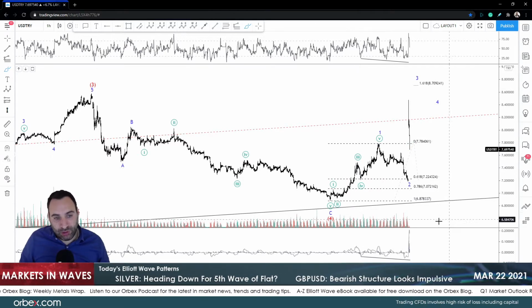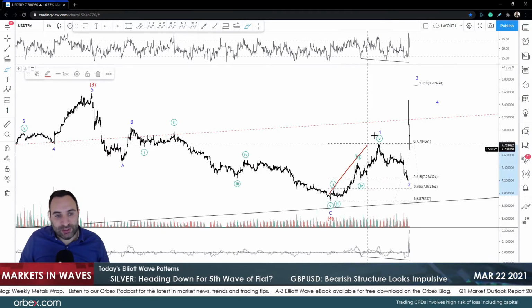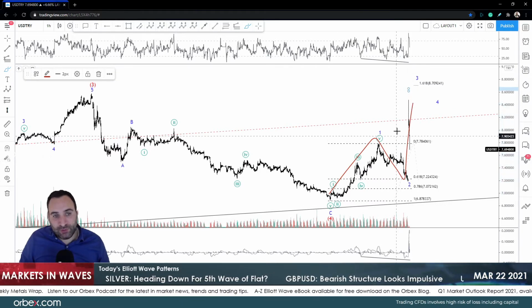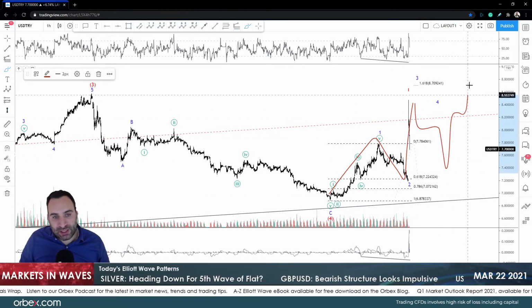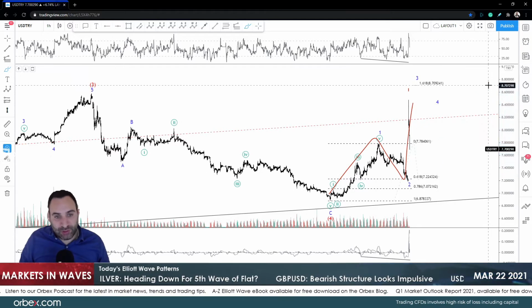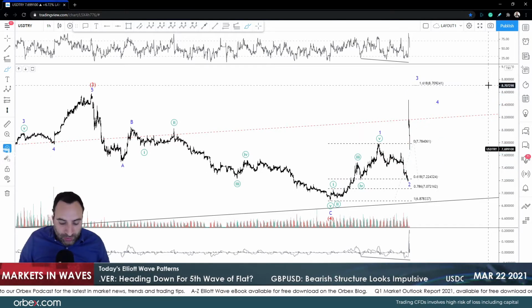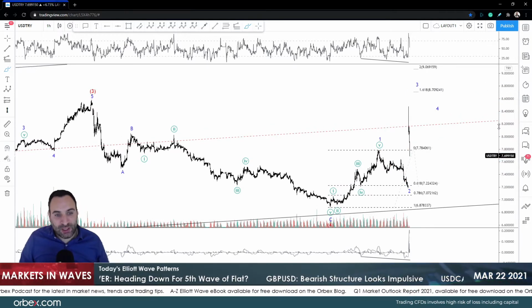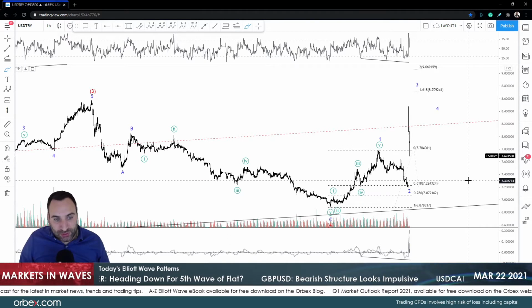Either that or we are resting lower. So it could be a case where this is an ABC for wave 1. You're going to get an ABC, ABC, ABC, and ABC, because ending diagonals can only be corrective. Right, so this is what I'm looking for in this particular pair.